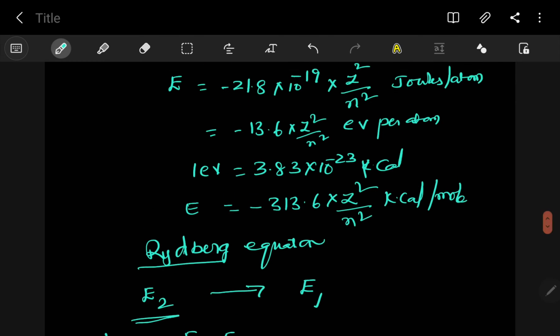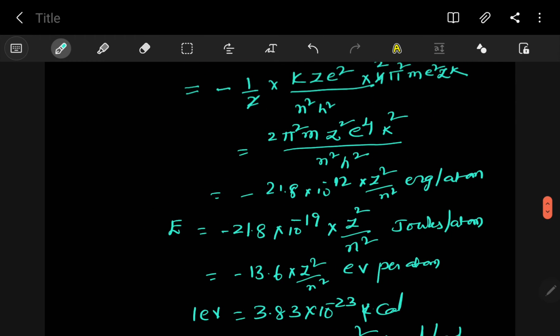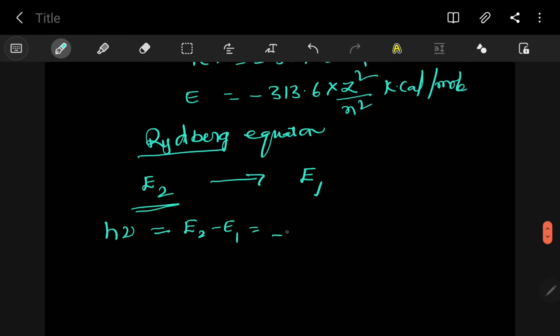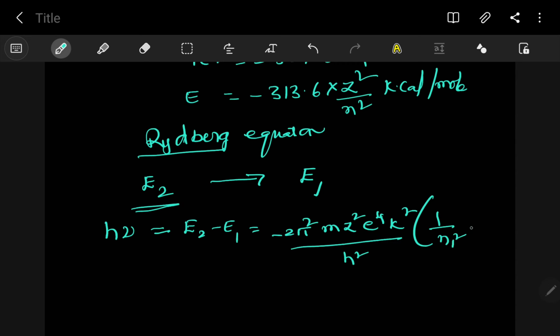And we know the formula of the energy: minus 2 pi square m z square e to the power of 4 k square by h square into 1 by n1 square minus 1 by n2 square.